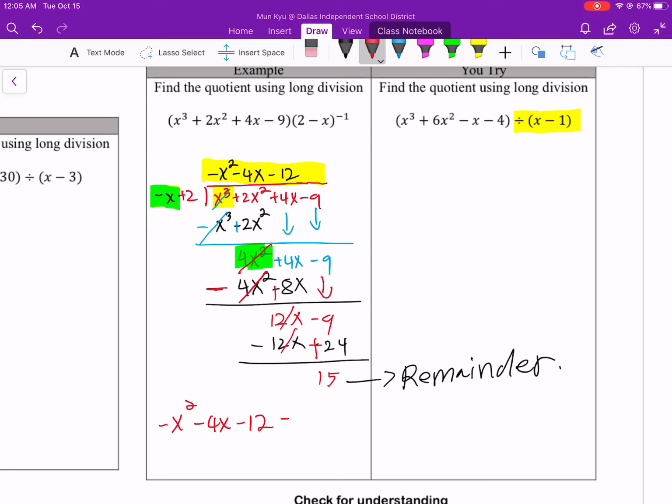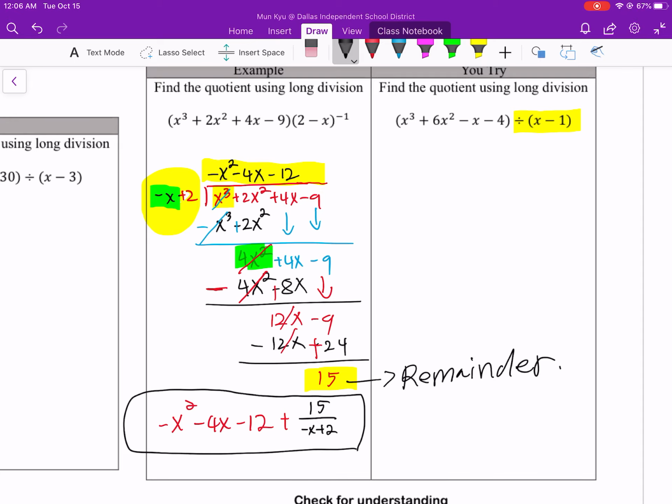We have to write plus. Do you see this 15? And do you see this number that we divide? You are going to put 15 on the top, and then this negative x plus 2 on the bottom.